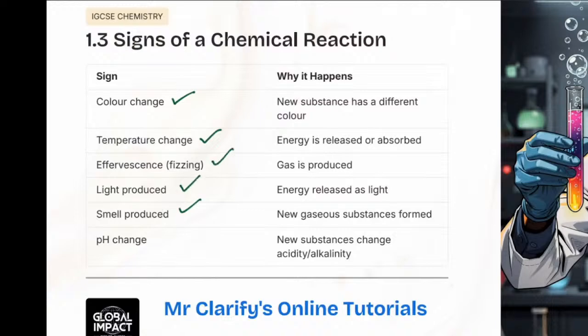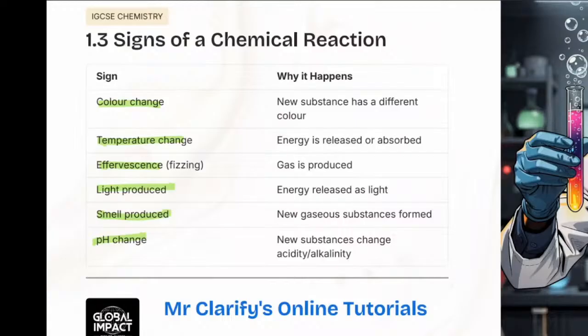Effervescence is like when you open your Fanta and you see gas coming out of the liquid. That is a sign of a reaction. The color change we can see, the temperature change we can measure. A light can be produced, smell can be produced, pH can change, there can be effervescence. These are signs that a reaction has happened.